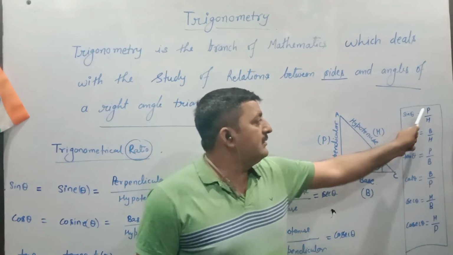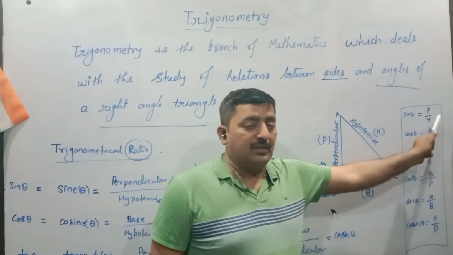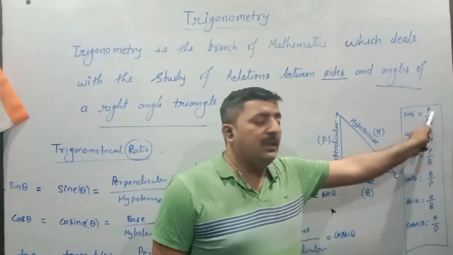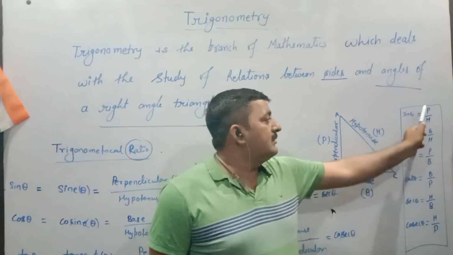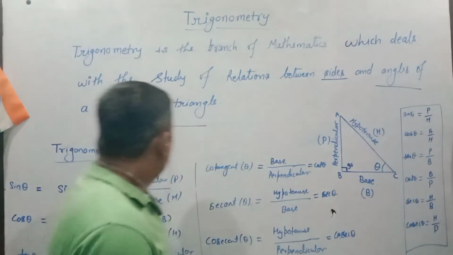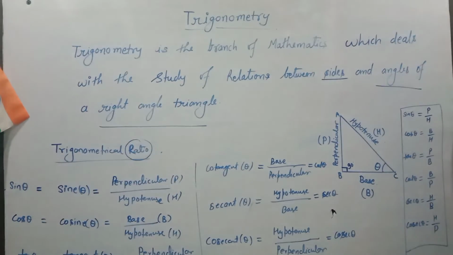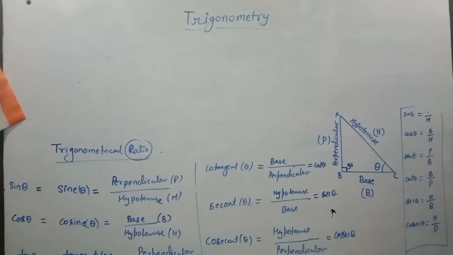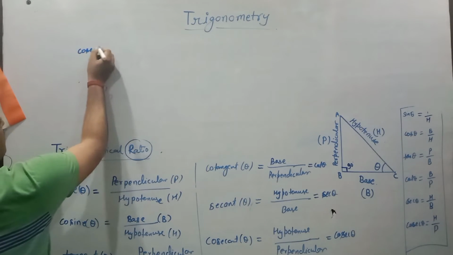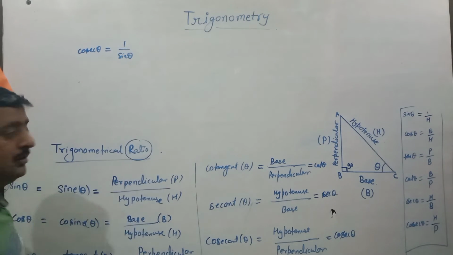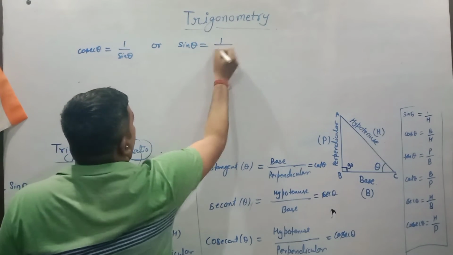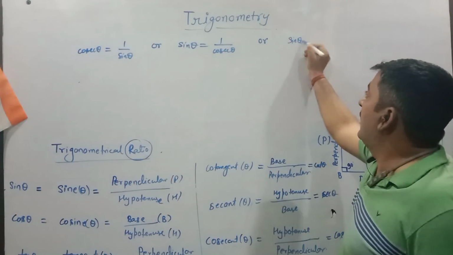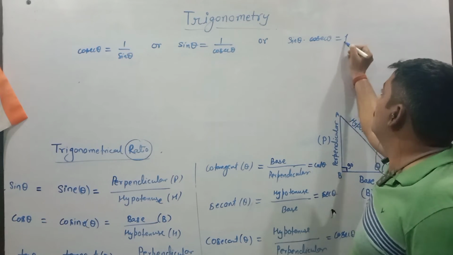You can check it: sin theta is equal to P by H, where P is perpendicular and H is hypotenuse, and cosec theta is equal to H by P. So we can say that cosec theta is equal to 1 upon sin theta, or sin theta is equal to 1 upon cosec theta, or sin theta into cosec theta is equal to 1.